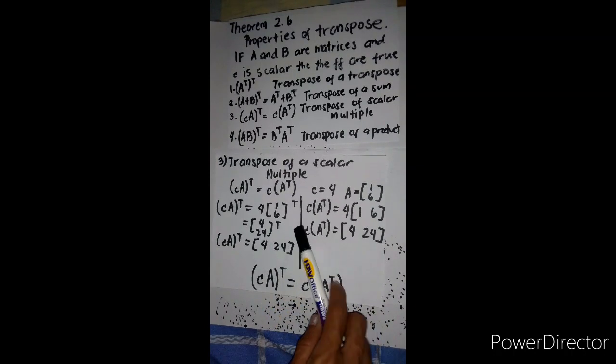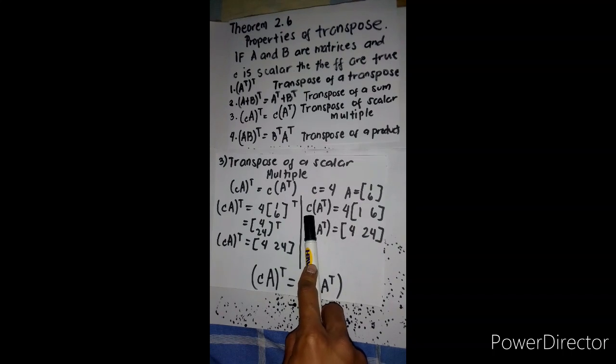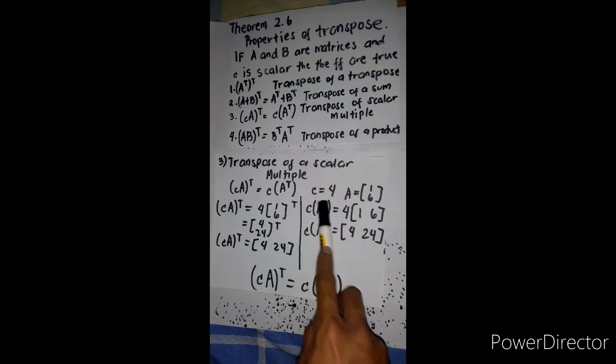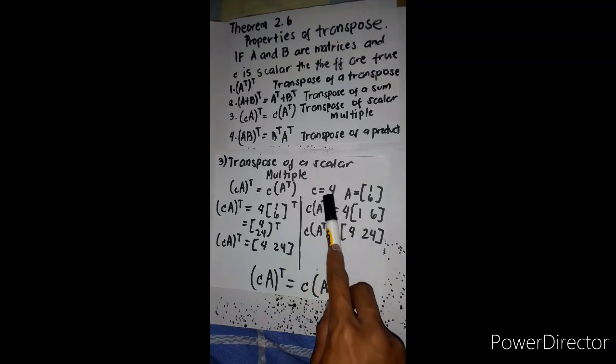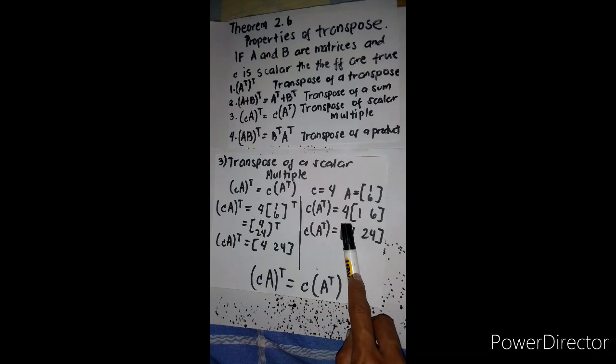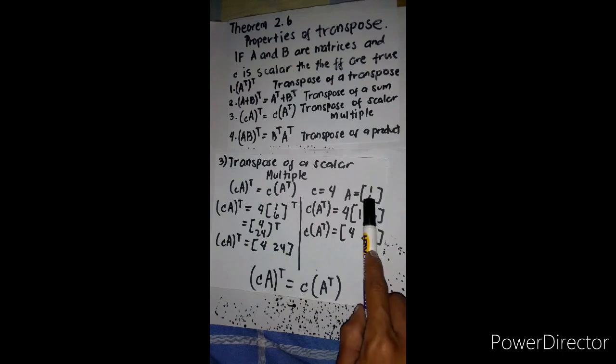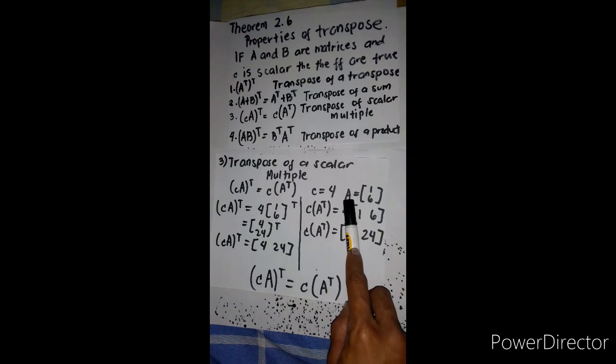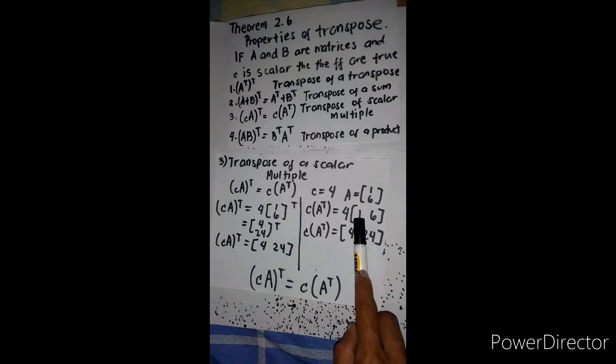For the value of scalar C multiplied by A transpose, the value of scalar C is 4, and A transpose, the transpose of matrix A, is 1 and 6.